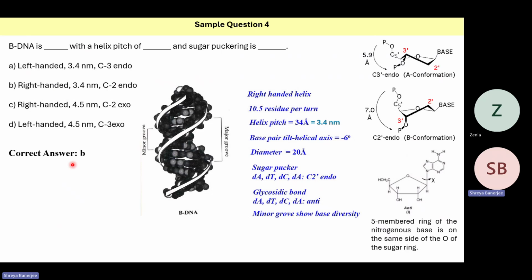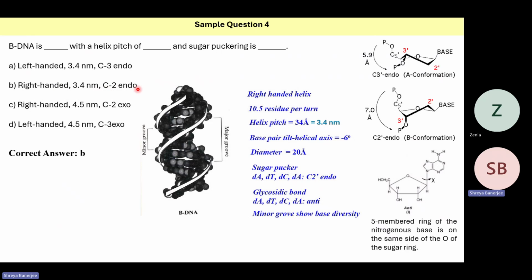So since B DNA is the most common kind of DNA, it's best to remember these properties for the B DNA. And also there is a major groove and a minor groove. So the correct answer is option B, that B DNA is right-handed with a pitch of 3.4 nanometer and sugar puckering C2 endo.